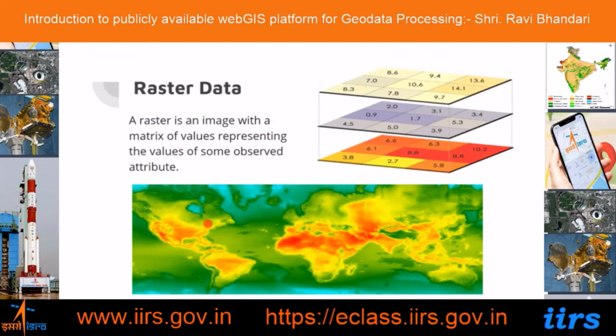This is represented as an image, but ultimately it is a two-dimensional matrix. Here you can see the matrix showing the temperature at different points.